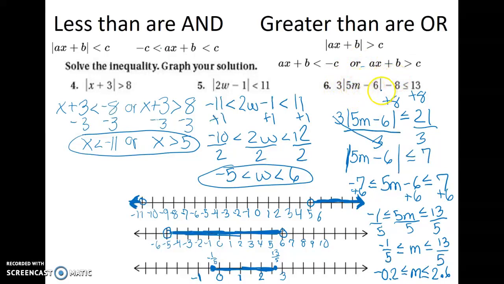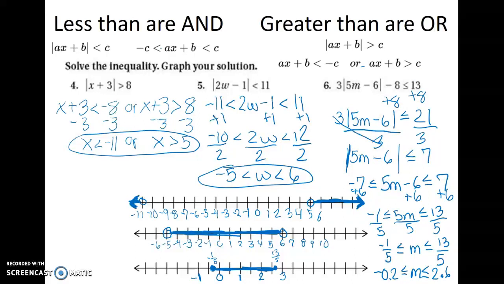So this is 0 minus 6, which is negative 6. I then take the absolute value of negative 6, I get positive 6. Then I'm able to multiply by 3, I get 18. And then I have 18 minus 8, and that is 10. And that 10 is less than or equal to 13. So it seems that this solution does work.